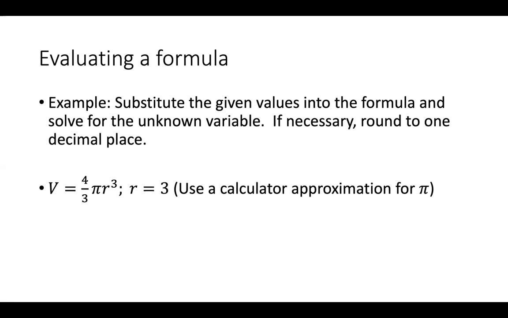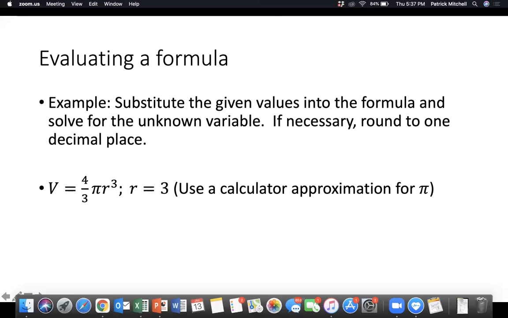So that will be stated in the directions. What I find interesting about this problem in particular is that if you use the wrong kind of approximation for pi, it throws off the answer just enough, where if you were to put it in your online homework, it would actually mark it wrong. So let me switch over to the tablet and show you how I would do this problem.